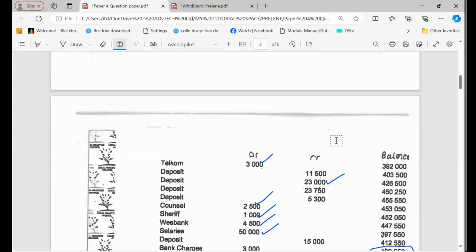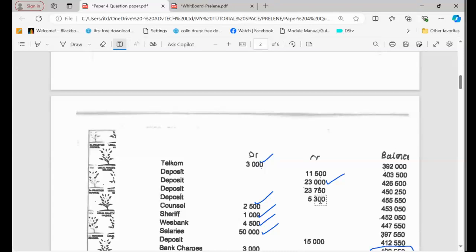In the first place, these clients' money were not supposed to be part of our bank statement. So we've got 3 errors to deal with. Are you with me? 3 errors. This 11,500 belongs to the client. 23,750 is client's money. 5,300 is client's money.